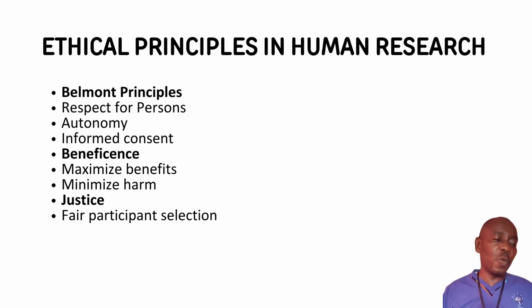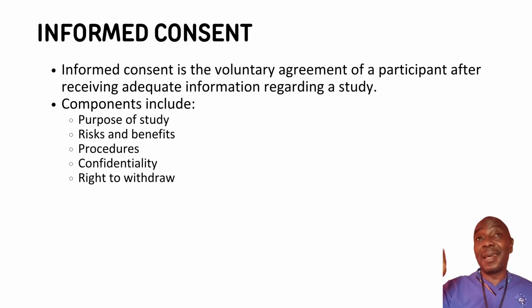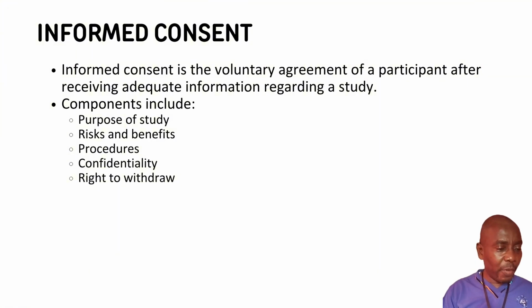The Belmont principle talks about respect for persons, autonomy, informed consent, beneficence, justice, and the rest of it. Informed consent has to do with ensuring that participants give their informed written consent. If anybody goes contrary to that, it can attract legal and heavy punishment.